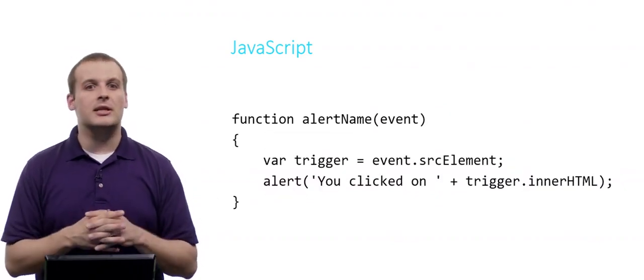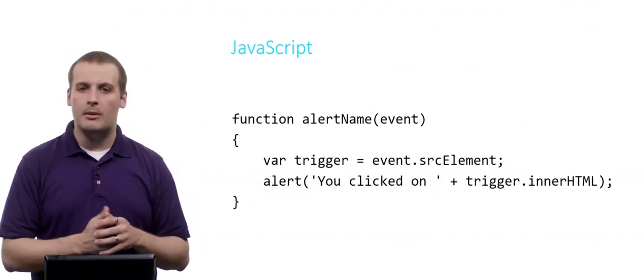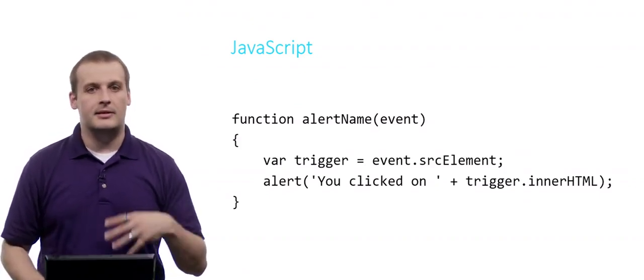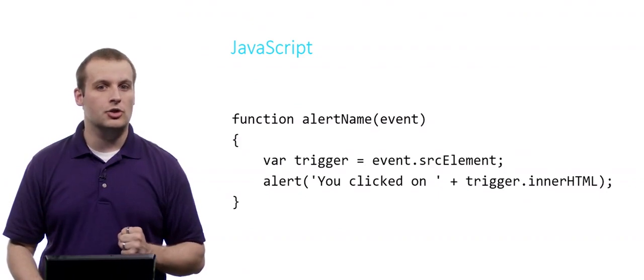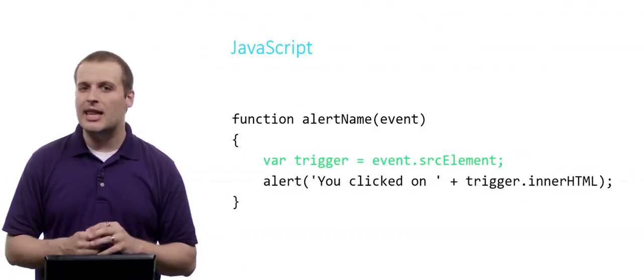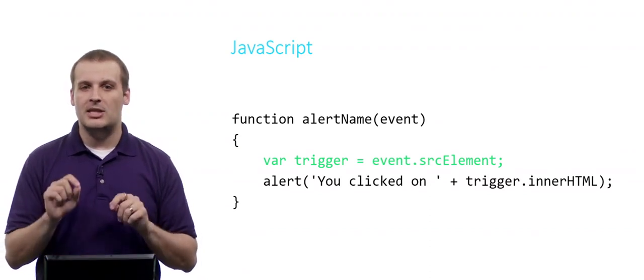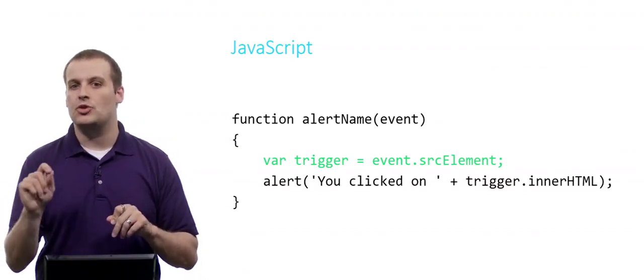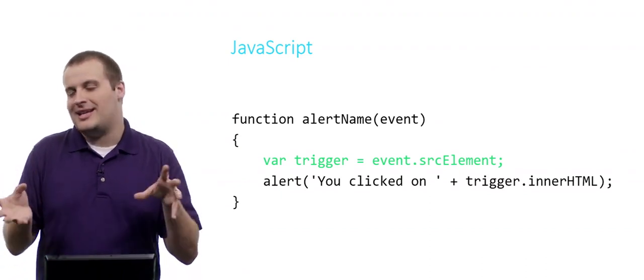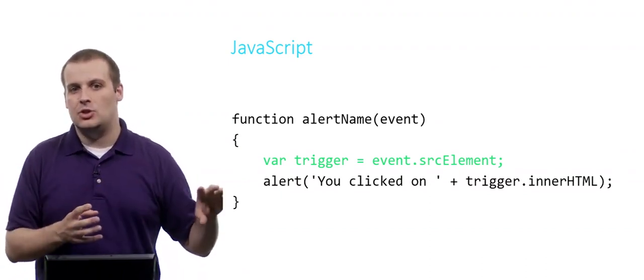So for example, here's what the alertName function might look like. And notice that here I'm also accepting an event parameter. What am I doing then? I'm getting a new JavaScript local variable called trigger, and I am asking for that event's source element. What that is basically telling me is, what is the element on the page that was interacted with that triggered this event? Or put another way, what element effectively was passed into this function?